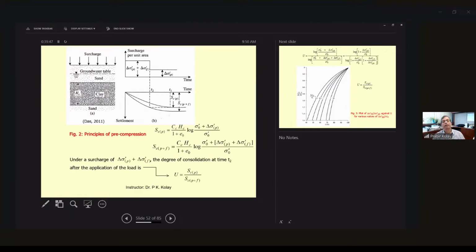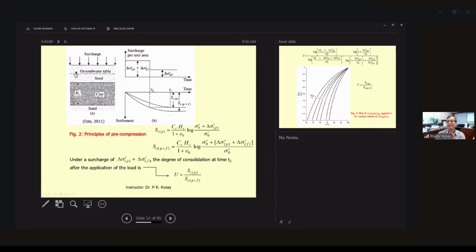So this is again the surcharge load for the clay sample over here, and what is happening. So we have the surcharge load and the final load. You know how much. So then we can find out how much is the total pressure, the pre-consolidation pressure, how much is the pressure plus surcharge pressure.